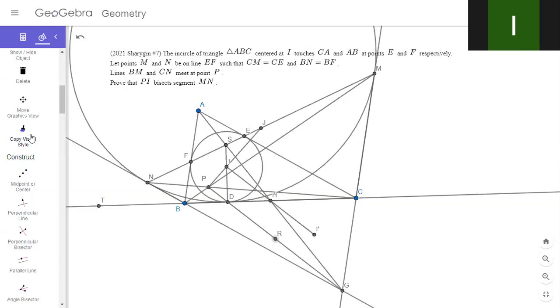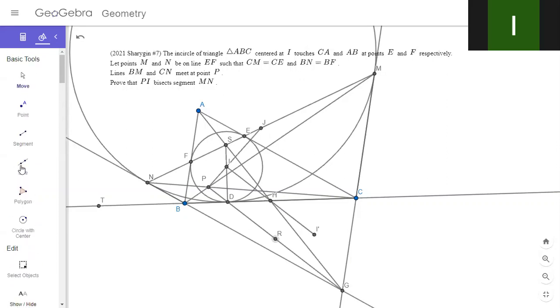That is well known. Hold on just a sec. IH is equal to 2GD. I think I see why that's true.